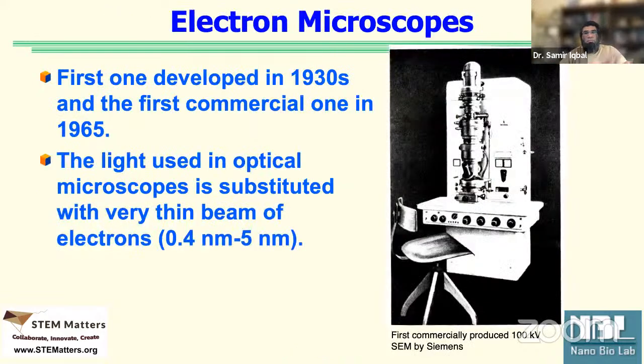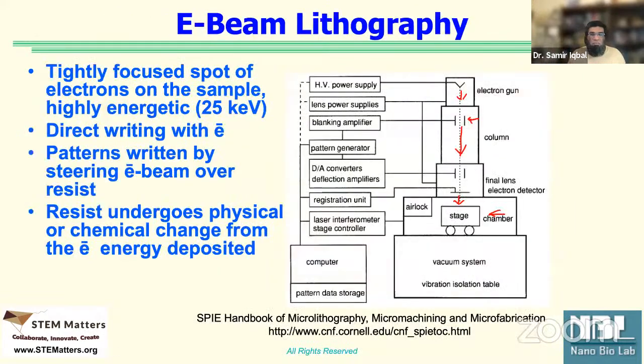All right, so the principle of E-beam lithography. You have to see the parts which are shown. We have the electron gun right at the top, and this is where we supply high voltage power. Electrons come out and we have these lenses. In this case, we are not using optical lenses like on glasses.